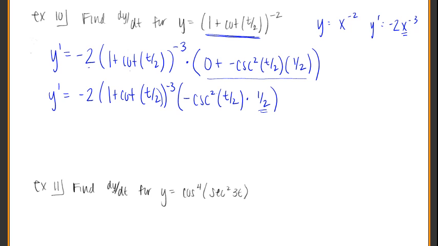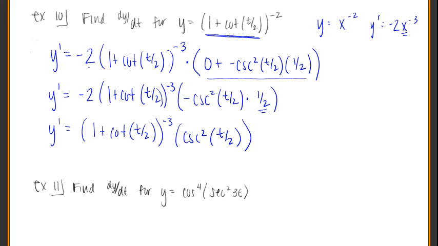There we go. If I want to bring the 1/2 out front with the minus, that's going to make everything out front just a +1. And that'll leave me with 1 plus cotangent of t over 2, all of that to the -3. And then back here, it's just cosecant squared of t over 2. And it looks like that. We're going to call that one finished. So there's the answer for number 10.